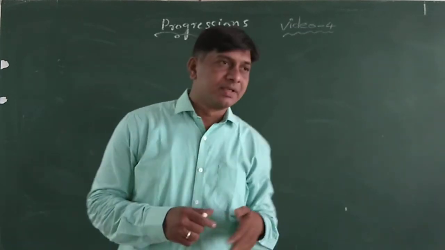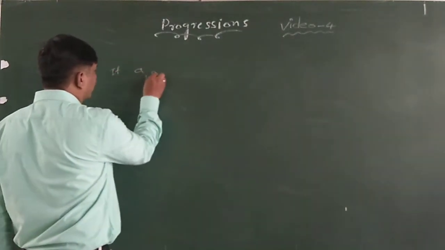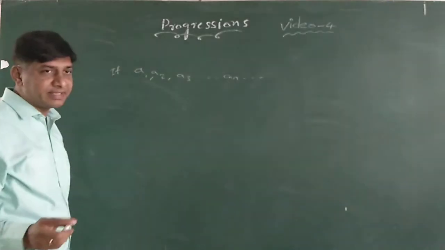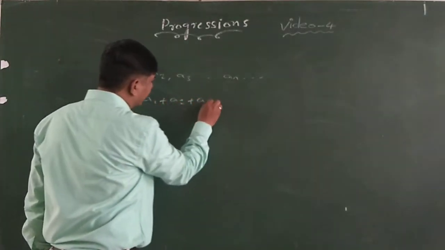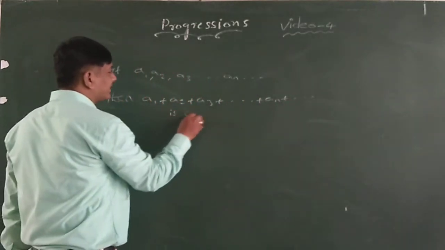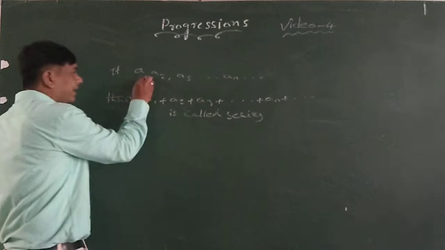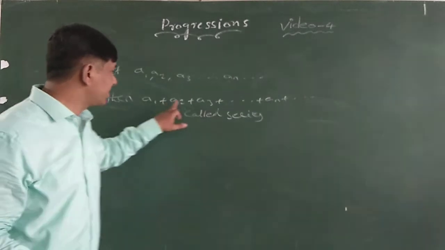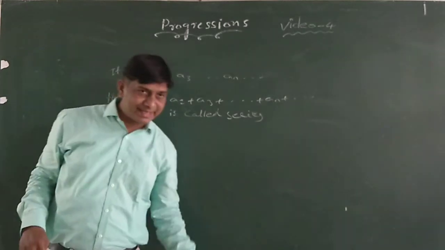Let us assume that a1, a2, a3 and so on, an is a sequence, then a1 plus a2 plus a3 plus and so on plus an plus and so on is called a series.